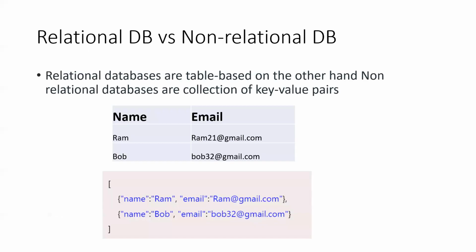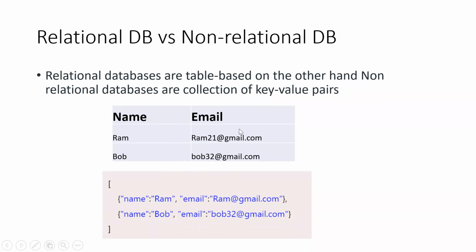Now I'm going ahead with relational database versus non-relational database. There's a small difference between them. What is a relational database? In a relational database, the data is stored in tabular format. The upper one is a relational database.